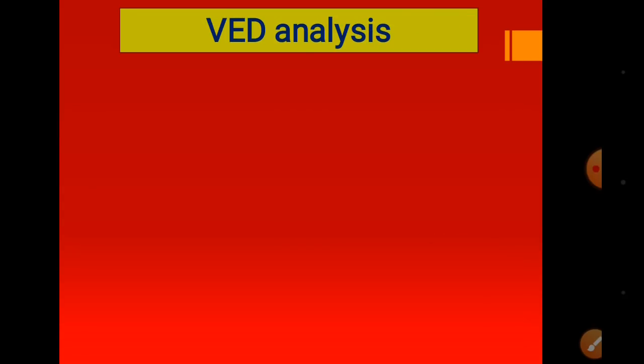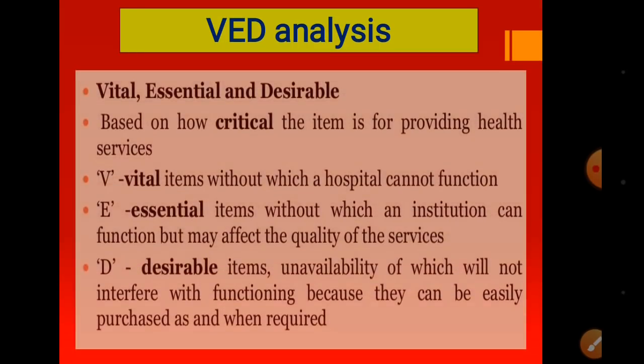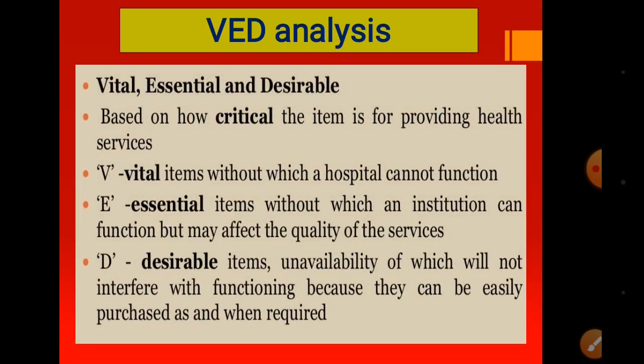Now, VED analysis. V means vital, E means essential, and D means desirable. It is based on how critical the item is for providing health services. V, the vital items without which a hospital cannot function.